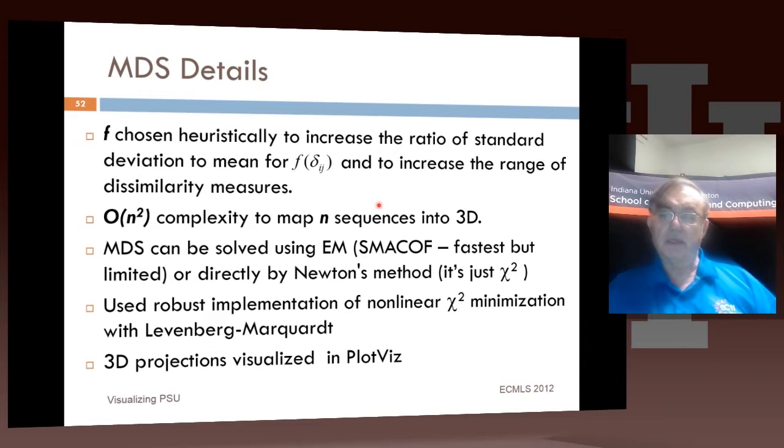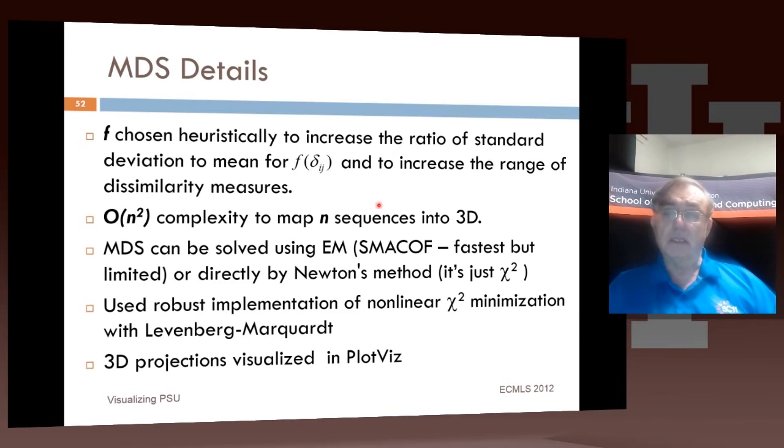And as long as we choose a mapping function f which is monotonic, we preserve what we want to do, because there's no obvious reason why the raw distance is the one we map to the distance in 3 dimensions. Any monotonic function of that raw distance can be used.